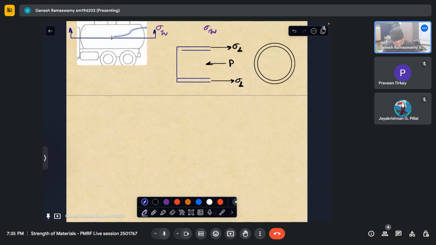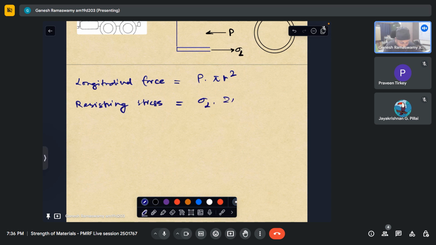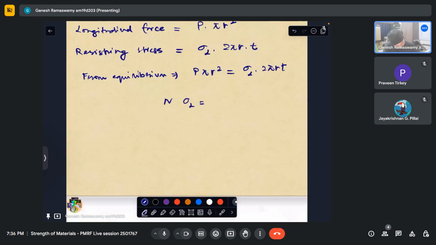The longitudinal force applied is P into pi r squared, and the resisting stress which develops in the wall will be sigma L into the area, which is nothing but 2 pi r into the thickness of the sheet, T. Therefore, from equilibrium, I have P pi r squared equal to sigma L into 2 pi r T, or my longitudinal stress is P pi r squared by 2 pi r T, which gives me PR by 2T.